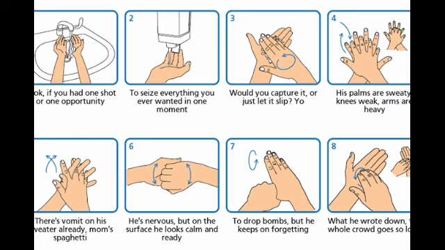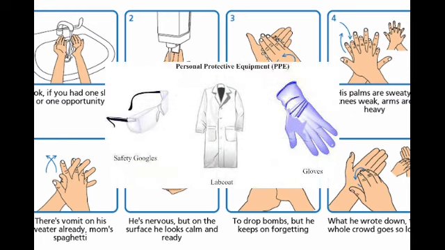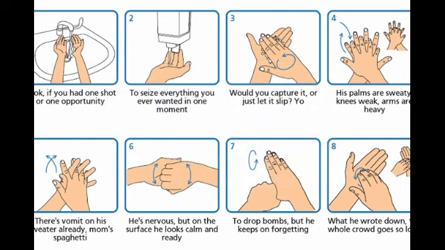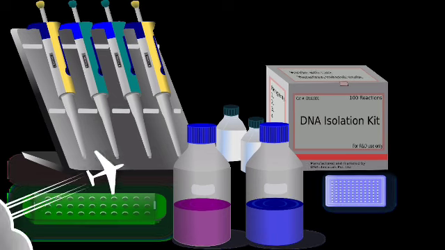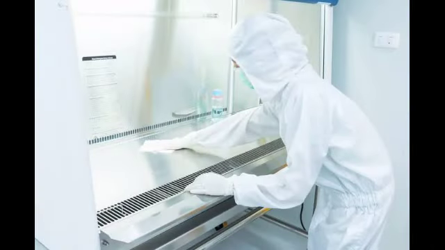Hands must be washed and gloves and lab coats changed when moving between the designated areas. Reagents and equipment should not be moved from a dirty area to a clean area. An extreme case arises where a reagent or a piece of equipment needs to be moved backward.